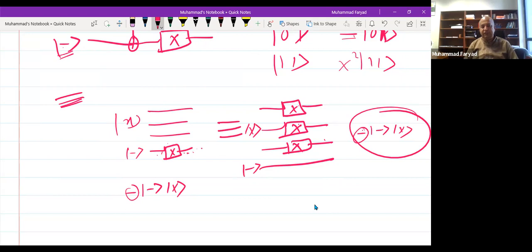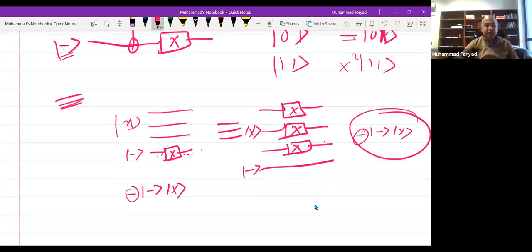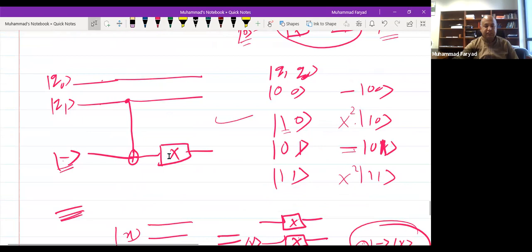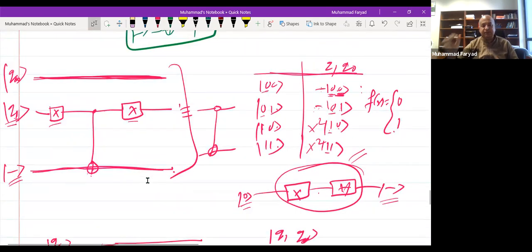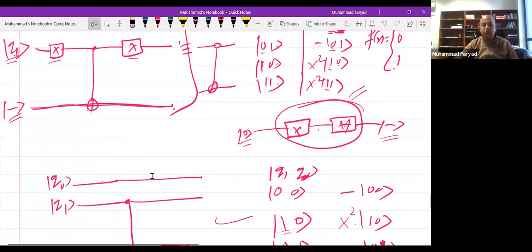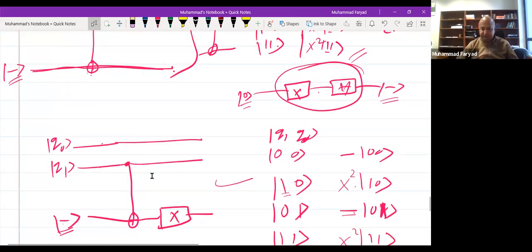So just bear this thing in mind, and that's why we were able to switch between this design and this design, because we can do this thing because computationally they are equivalent.